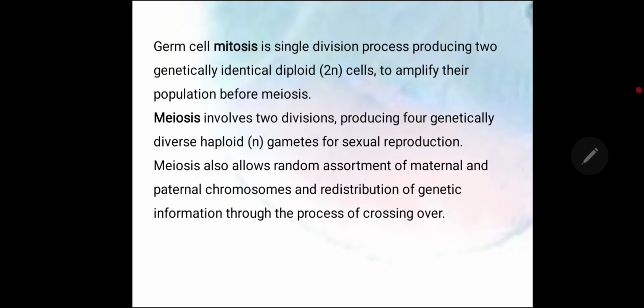This is the other difference between oogenesis and spermatogenesis. The end result of meiosis in female oogenesis is one mature ovum. Meiosis division allows random assortment of maternal and paternal chromosomes and redistribution of genetic information through the process of crossing over. And so each gamete produced will be distinct and not identical to the others.